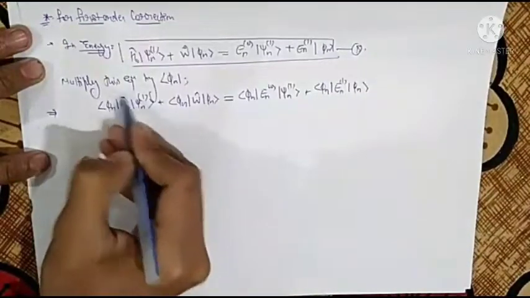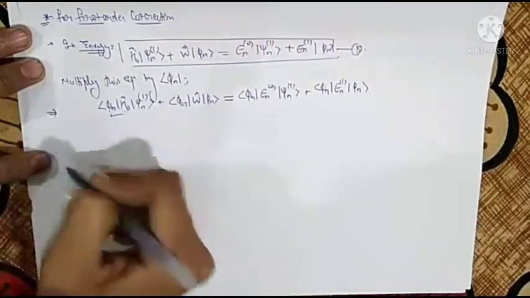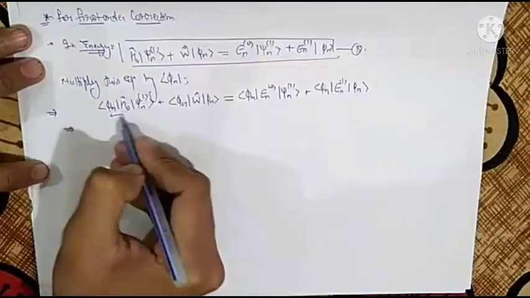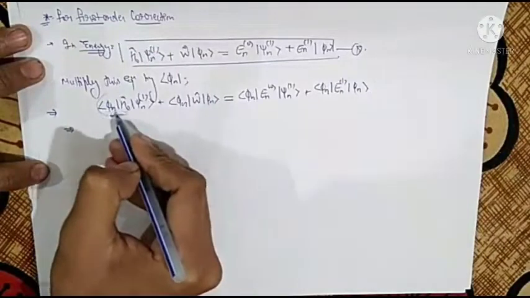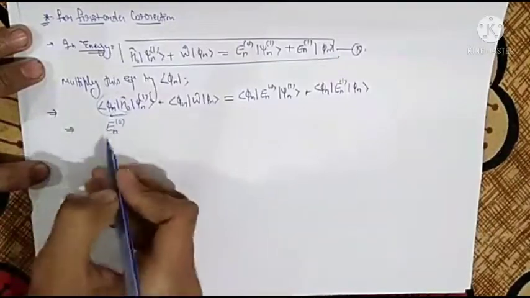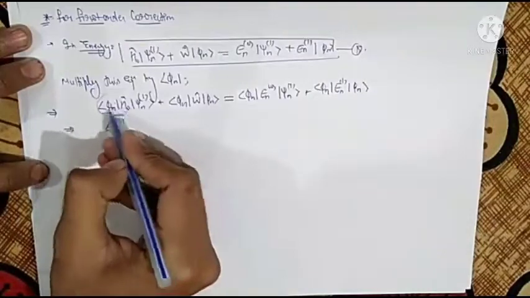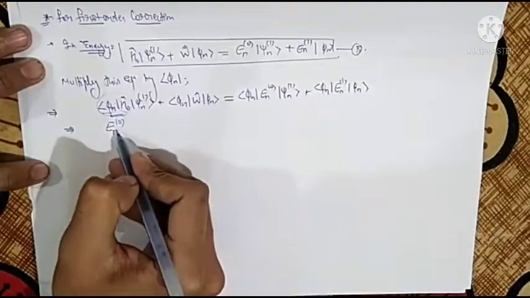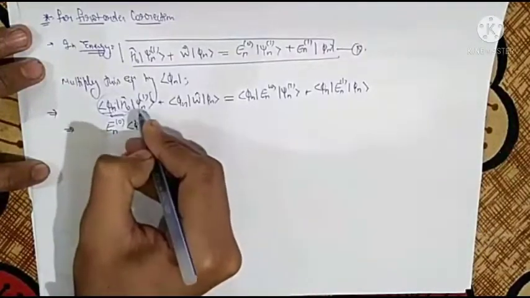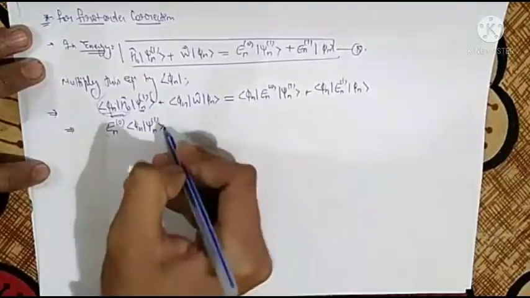Now in this first term, if you act this Hamiltonian on this state, we know the solution of this equation. If the Hamiltonian acts on these states, it will give E n naught, because we know the energy of this state already, and the state itself, which will have this scalar product with this state.